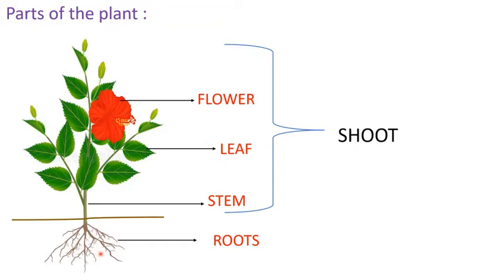The parts which grow below the ground, it is called as root. So shoot and root are the two main parts of the plant.